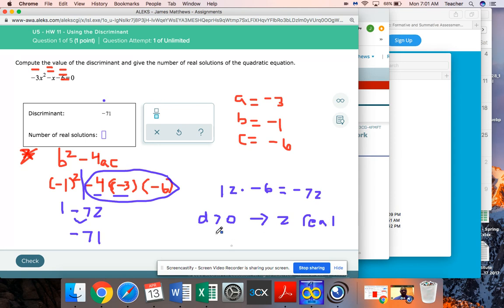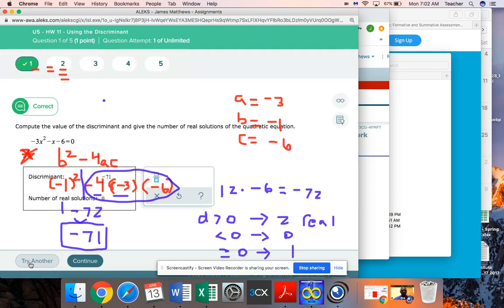If d is less than 0, we'll have none. And if d is equal to 0, then we'll have 1. So since our d is negative, the number of real solutions we should have is 0. We can check that and see what it looks like, and we're good.